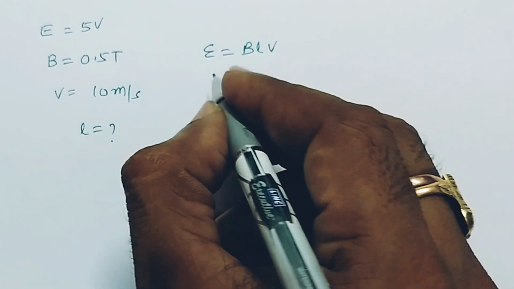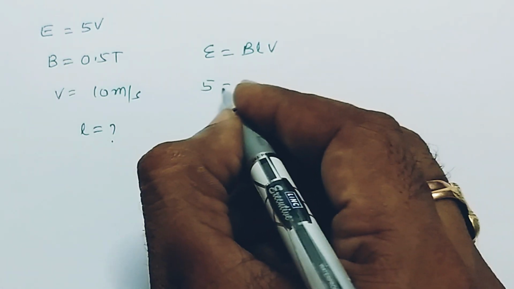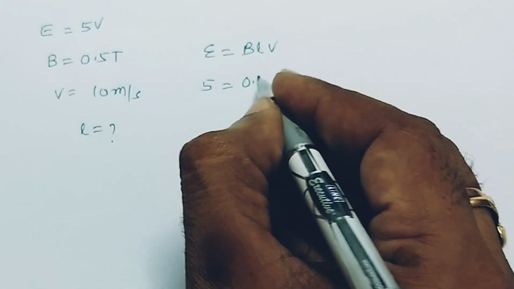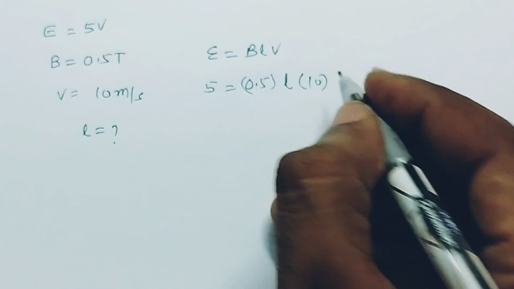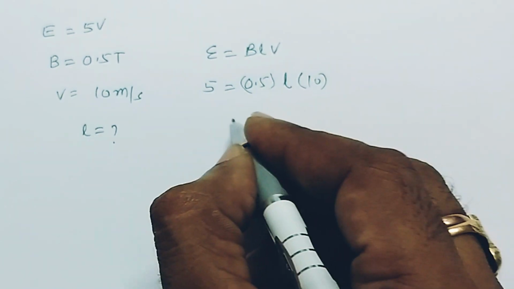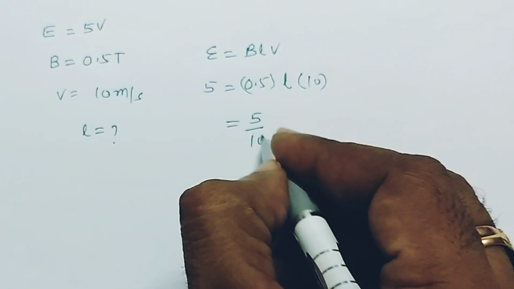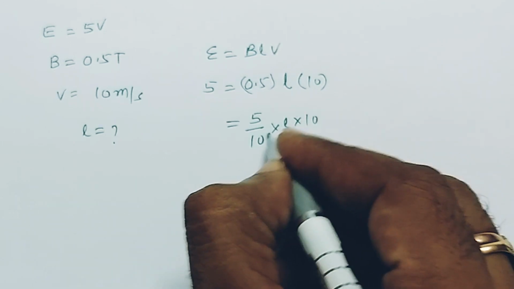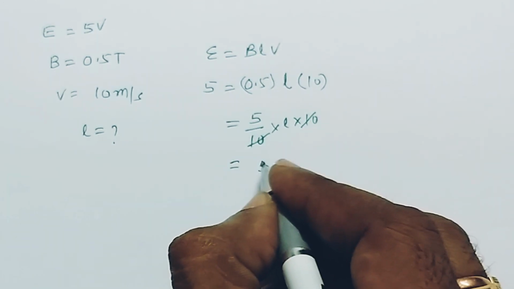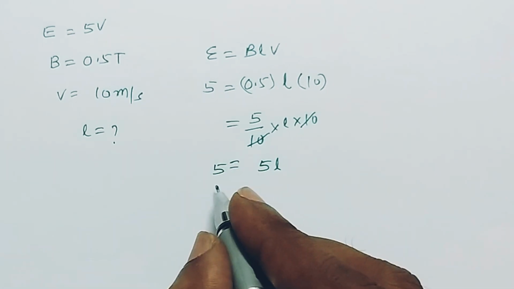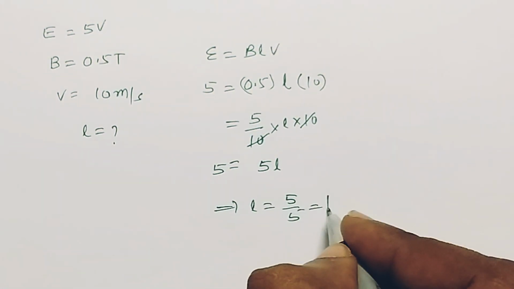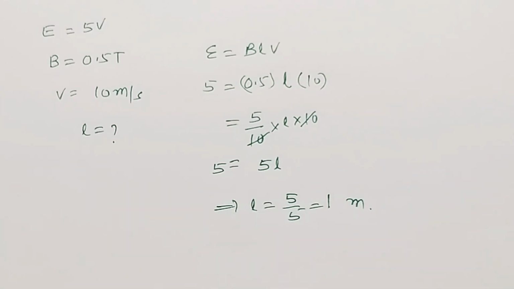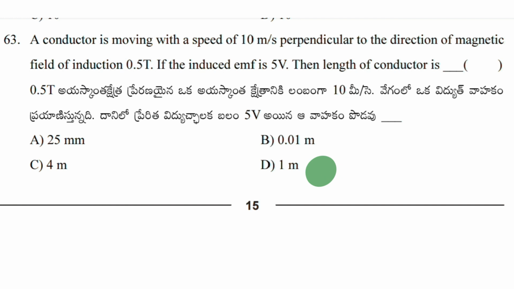This formula should be used. So 5 is equal to 0.5 Tesla into L into 10 meters per second. This 10 and 10 are cancelled, so 5 is equal to 5L, L is equal to 5 by 5. This is 1 meter. So 1 meter is the answer, so option D is correct.